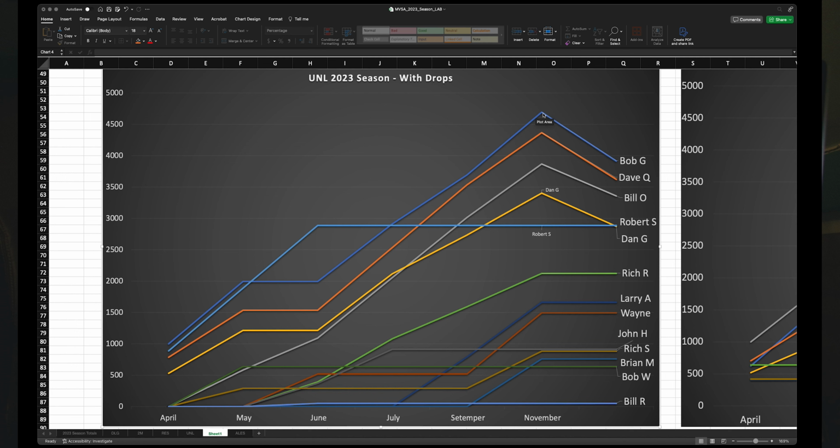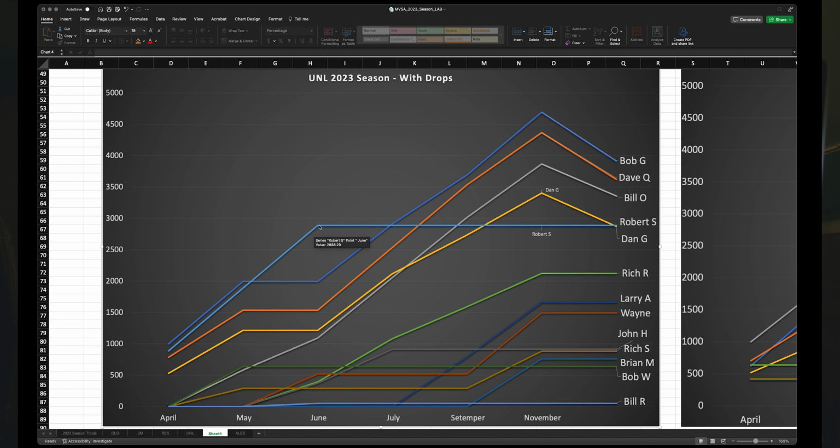The question is, who gets a bump on the drop and who loses out on the drop? Bob was ahead, and Bob had a really good season, but Dave Quist came closest to him, followed by Bill, and then I trailed behind those guys. My problem is I had kind of above average flying, but it wasn't enough to beat Robert.